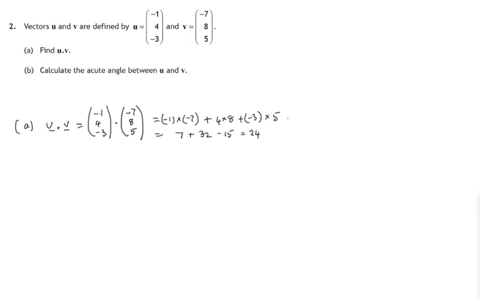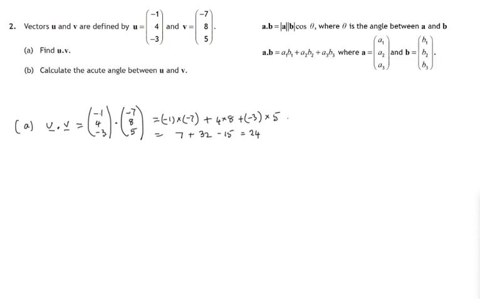Now let's have a look at the second part of the question. We have to calculate the acute angle between u and v. In your exam you have a formula sheet where you're given a couple of different ways of working out the dot product. The one we've just used in part A was the second method, where you multiply all the components across and add the results, which we got 24 for.